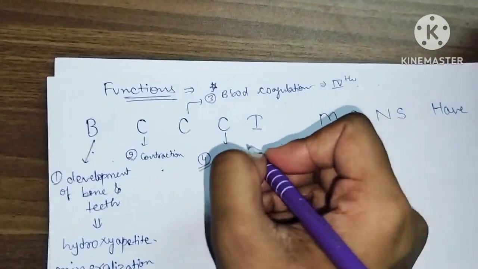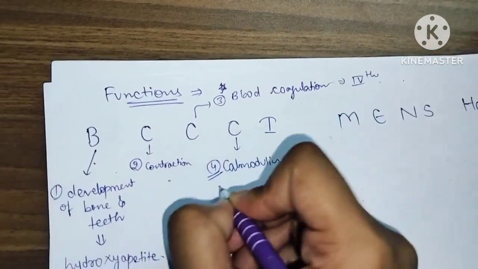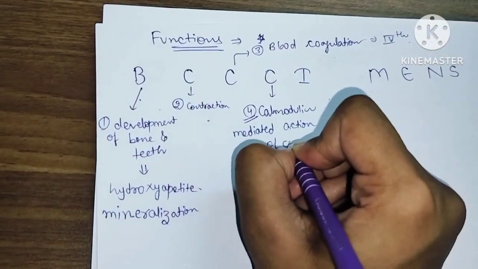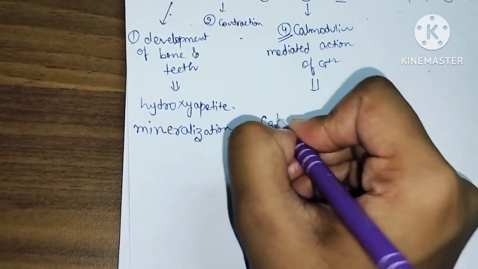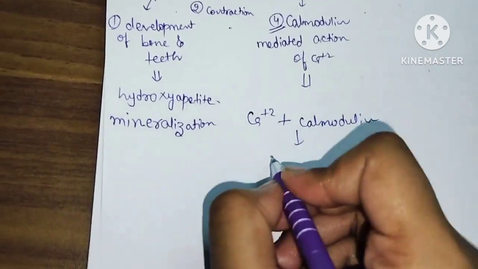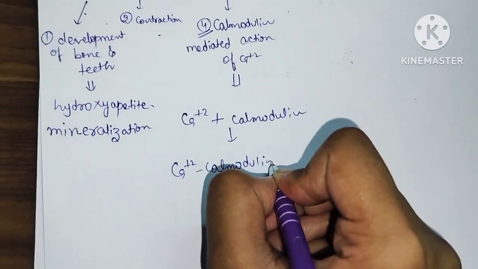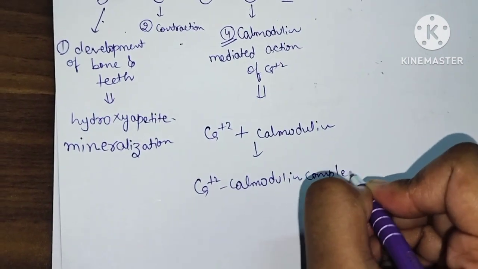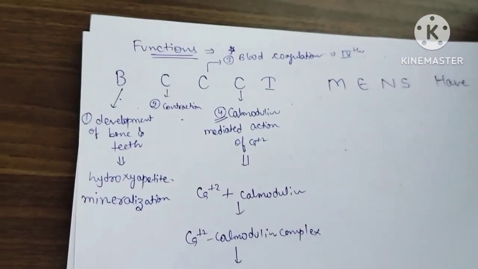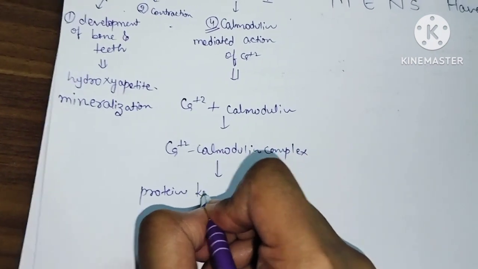Fourth is the calmodulin mediated action of calcium. Calcium binds with calmodulin. Calmodulin is a calcium binding regulatory protein and forms the calcium calmodulin complex. Now this calcium calmodulin complex activates certain enzymes like protein kinases, adenylate cyclases and myosin dependent kinases.